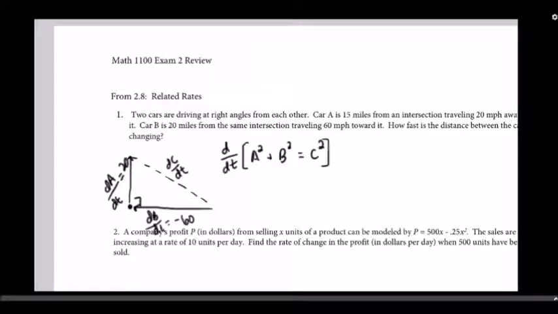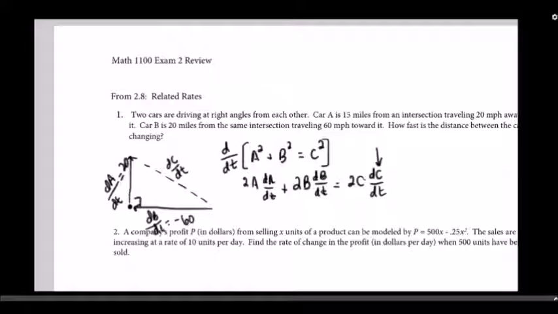So when we take the derivative of A squared, for example, it's 2A dA/dt, plus 2B dB/dt, equals 2C dC/dt. And it's this dC/dt right here that we're trying to find.